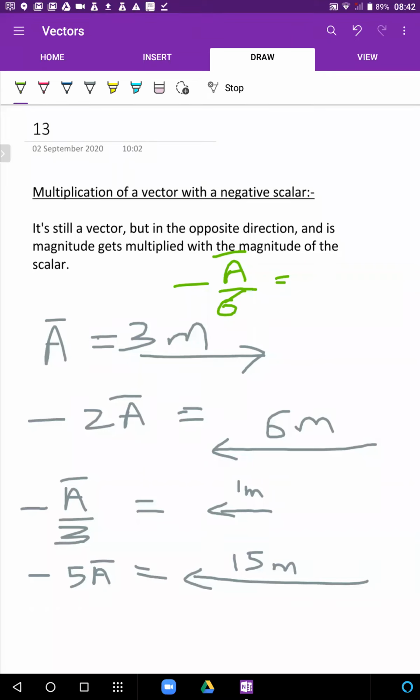This is divided by 6. Minus a bar divided by 6. The minus sign changes the direction. Right becomes left, right? Right becomes left, and then the magnitude gets divided by 6. So 3 meters by 6 is 1 by 2. Very nice. 0.5 meters towards left. 3 by 6, 1 by 2 meters.